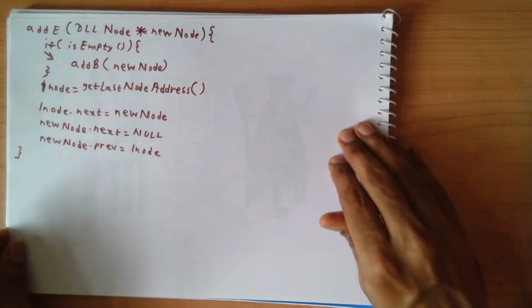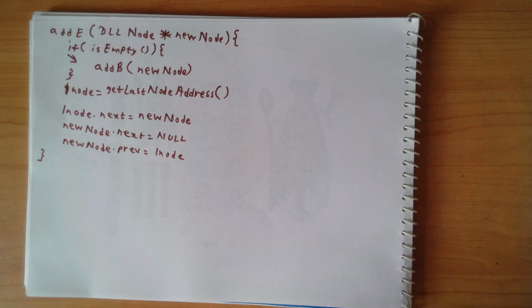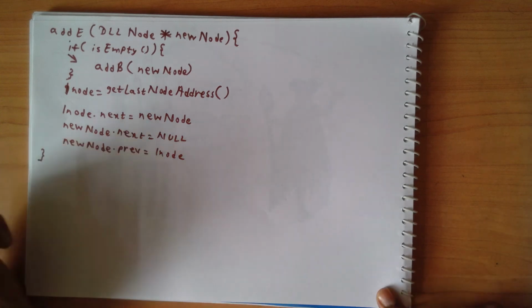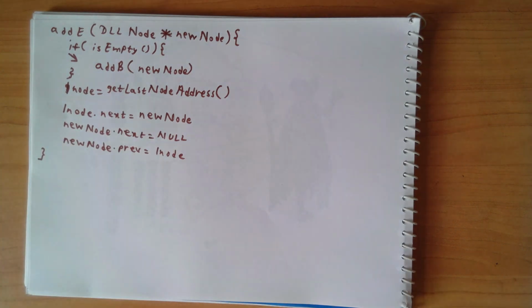Now after adding at the beginning, we are adding at the end, and if we are maintaining our tail node, after doing all these things, we should set the tail node address.